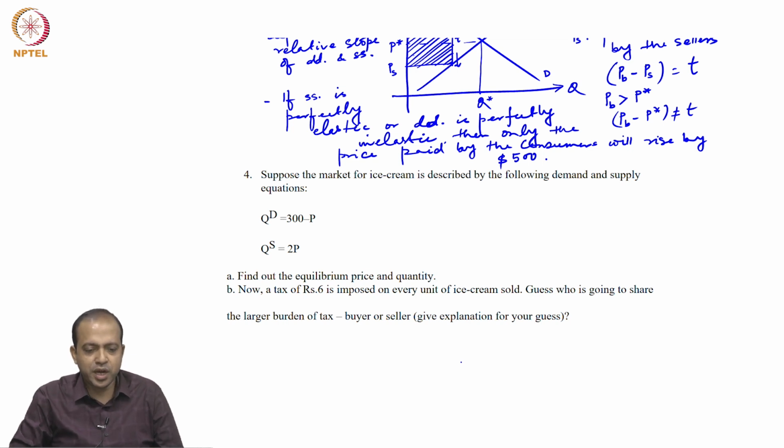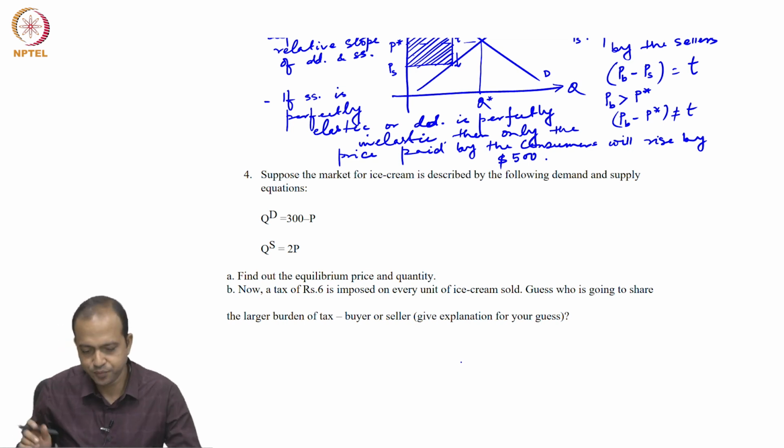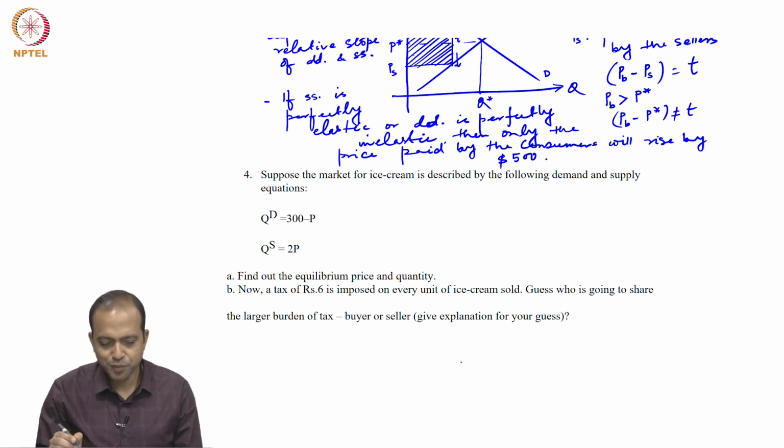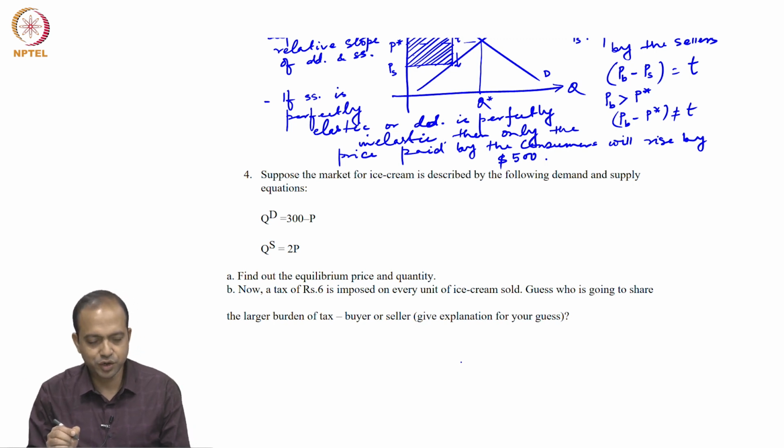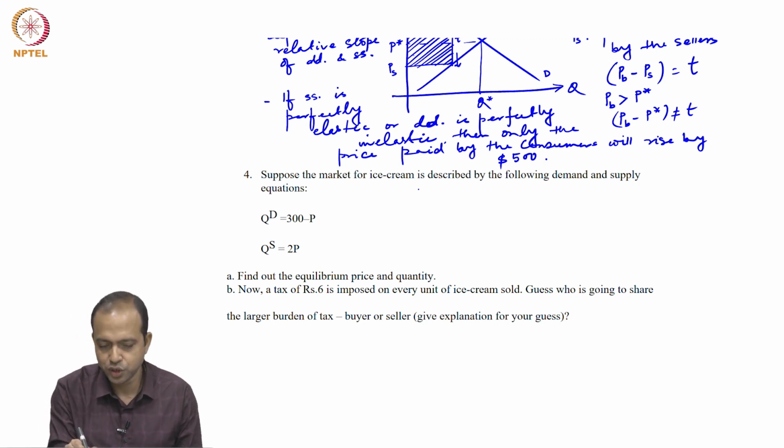Demand is given by Qd equals 300 minus P, supply is given by Qs equals 2P. Find out the equilibrium price and quantity. You have to just solve these two. So, 300 minus P equals 2P.